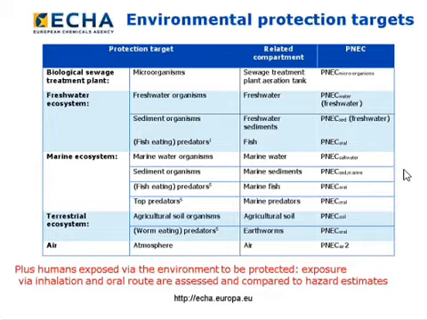Again, just to mention that there are a number of protection targets, and for each of them we have some predicted no-effect concentrations calculated, and in a similar way for each of them we need to have predicted environmental concentrations calculated, and that's what EUSES does for each protection target.